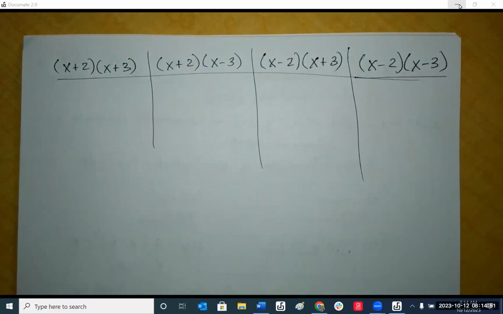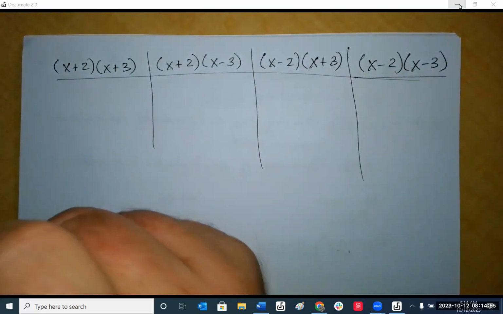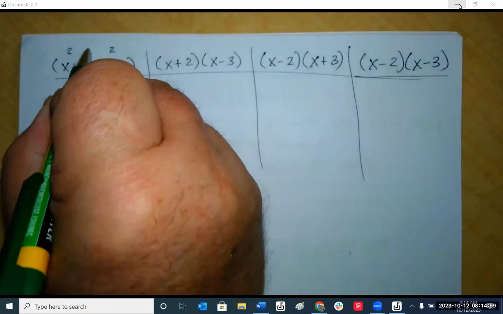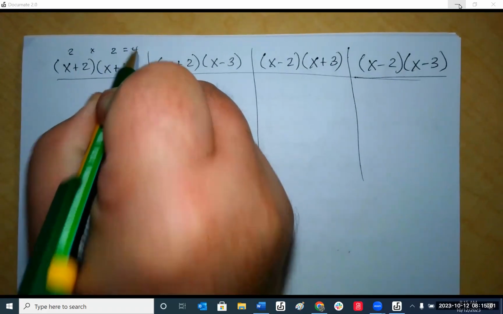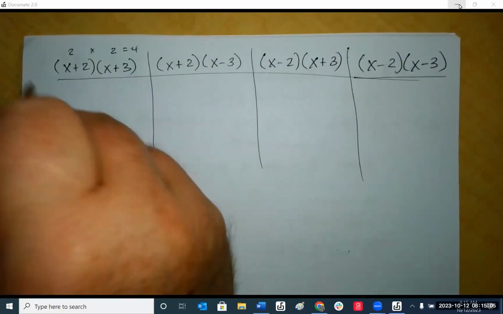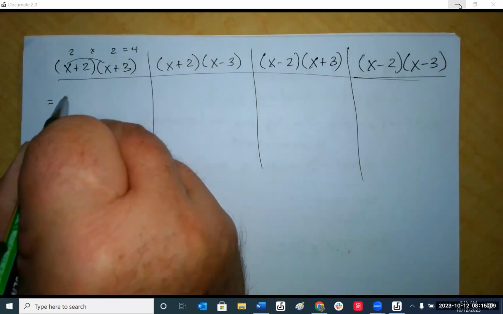It's distributivity. Everything in the first parenthesis multiplies everything in the second. We have 2 terms here, and we have 2 terms here. When we multiply them together, our first step, we should have 4 answers, 4 terms. Let's see. X times x is x squared.